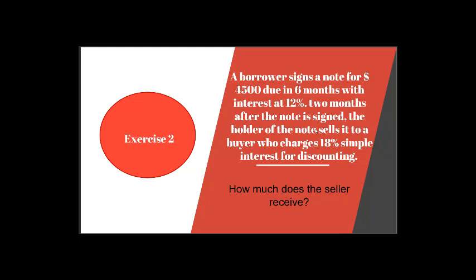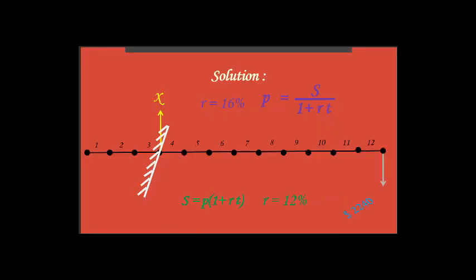Look at exercise number 2. A borrower signs a note for $4,500 due in 6 months. We must draw this note. Look at the timeline.